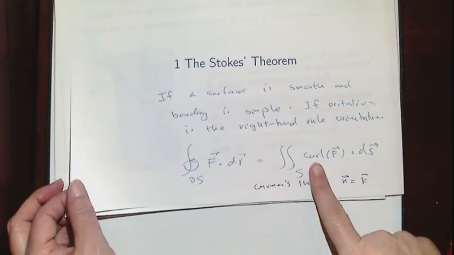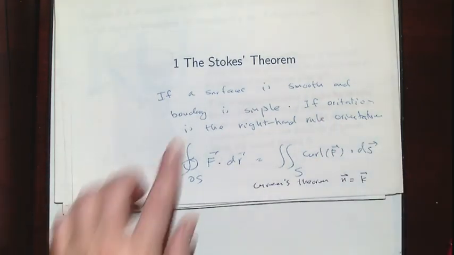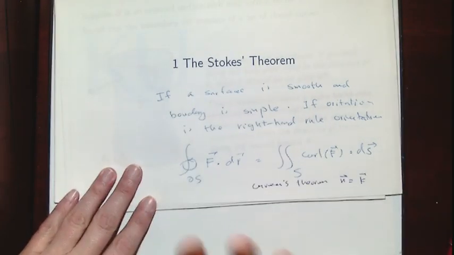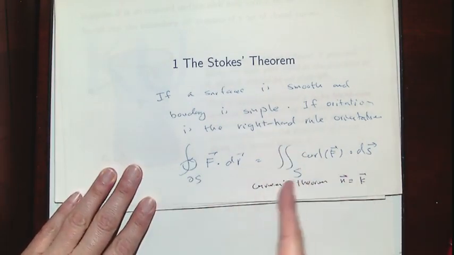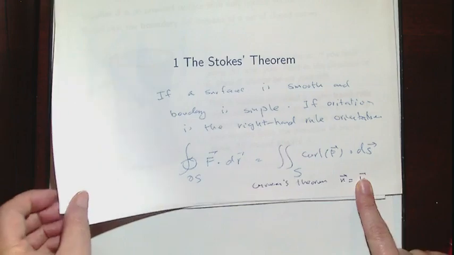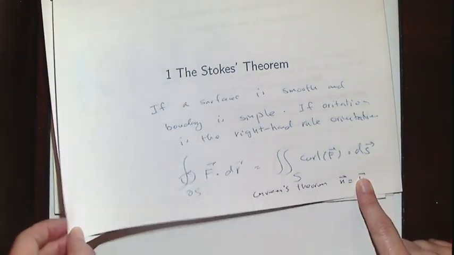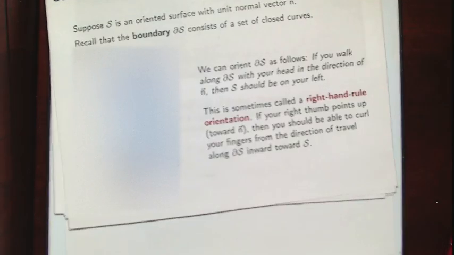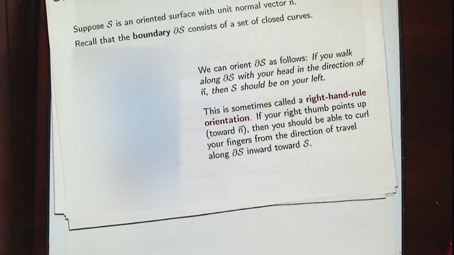This one is Stokes. And Green's theorem is just this in 2D. It's flat surfaces. Okay, so let me give you an example.